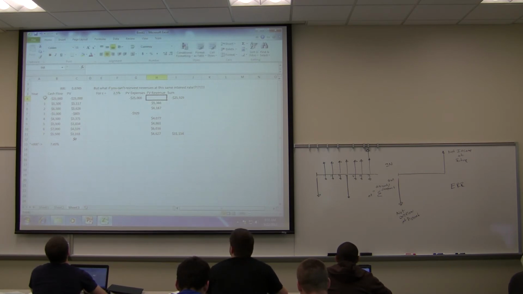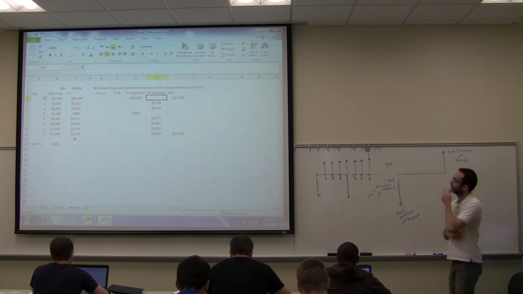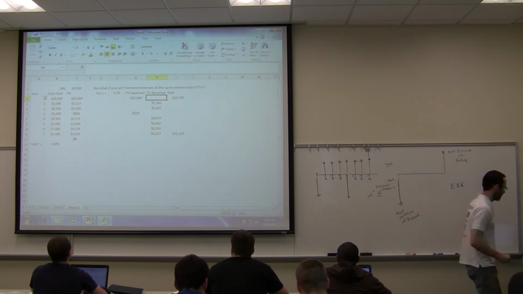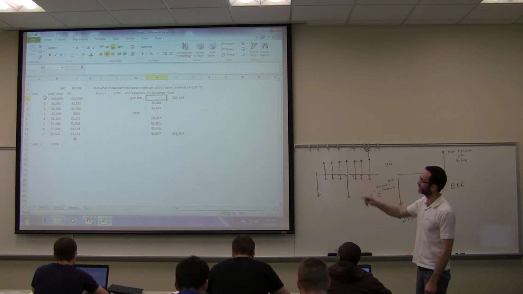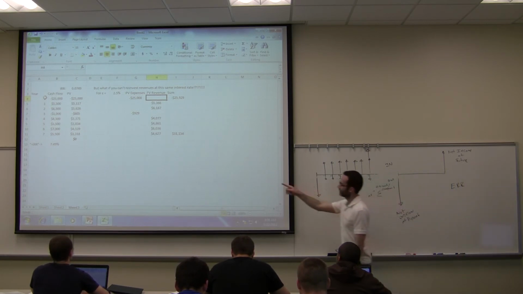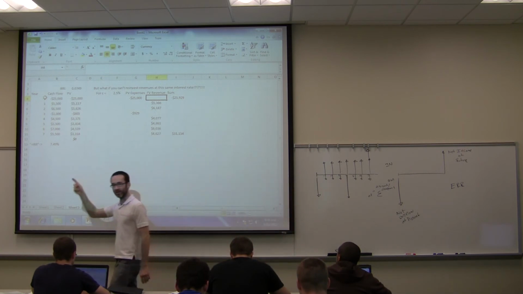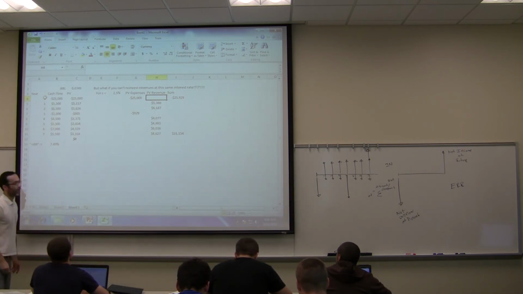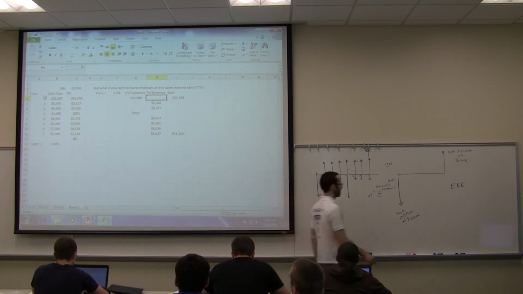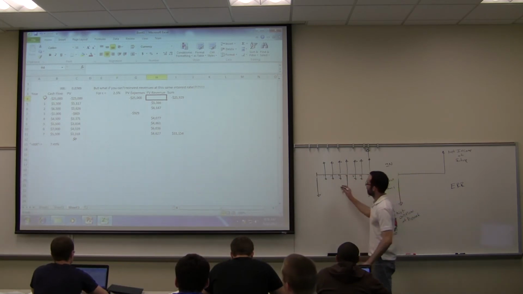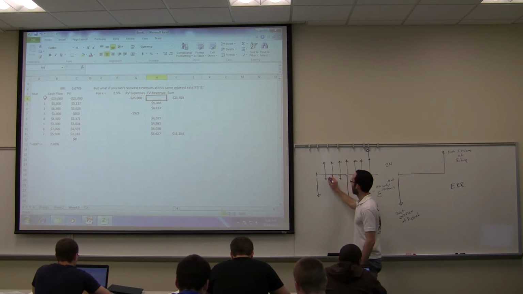Oh, and here's the tricky thing about N, is that what I'm going to have to use as N here isn't just going to be whatever year it is. It's going to be 7 minus whatever year it is, because of how far away it is from the point that I am taking it to. So the amount that's in year 1, I have to move it.